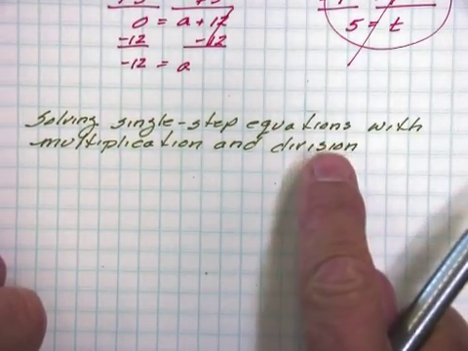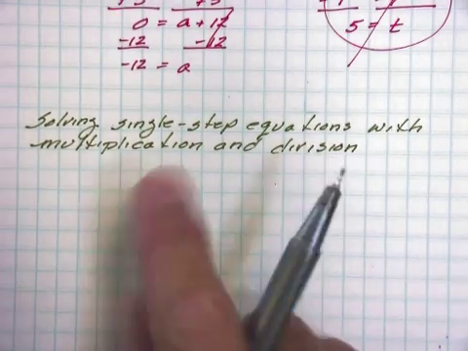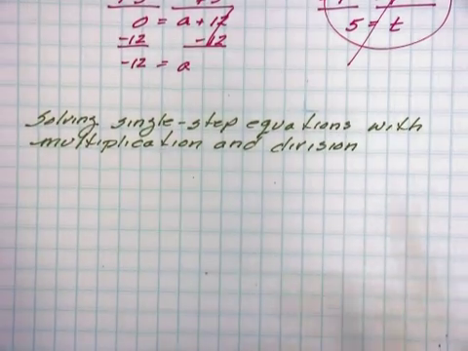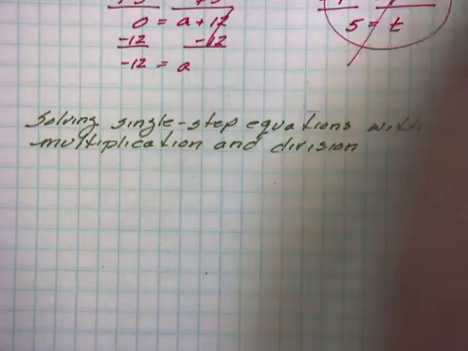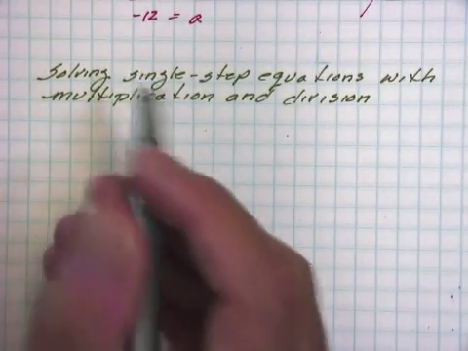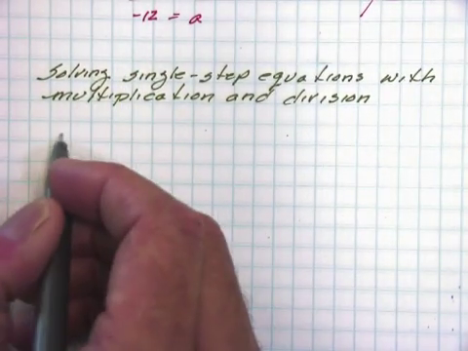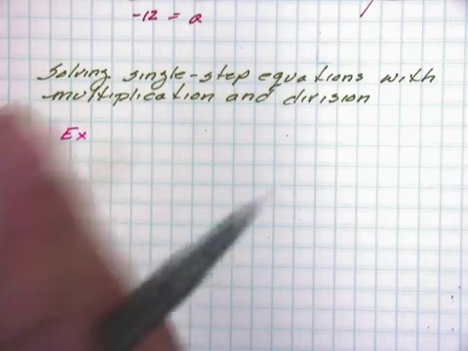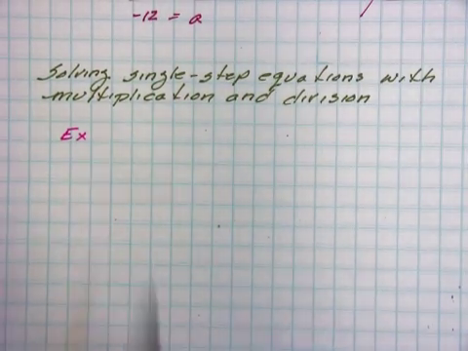Now, just like addition is the opposite of subtraction and subtraction is the opposite of addition, these two operations are opposites of each other. Multiplication is the opposite of division, and division is the opposite of multiplication. So we're going to use that to solve these problems.